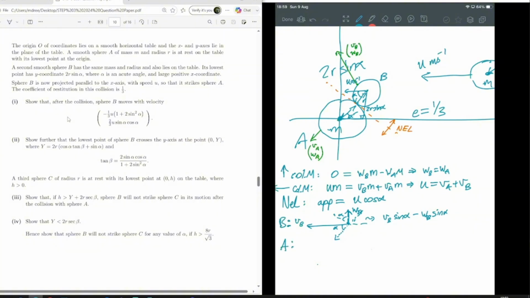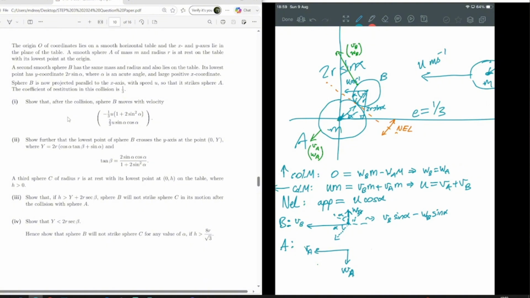For A, we've got a very similar picture. The way I've drawn it, we've got VA going that way. We've got WA going that way. And I need to be a little bit awkward because I've kind of implied certain things are positive and negative where they're kind of not, but I think it's fine.